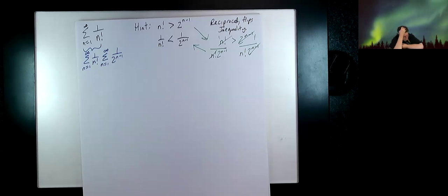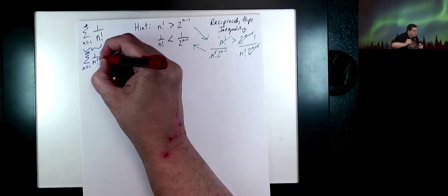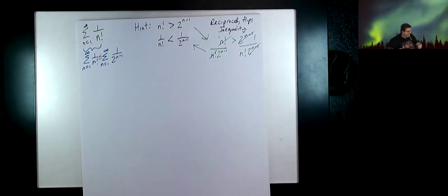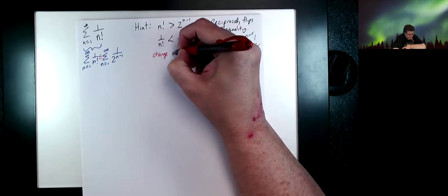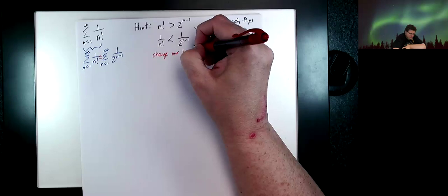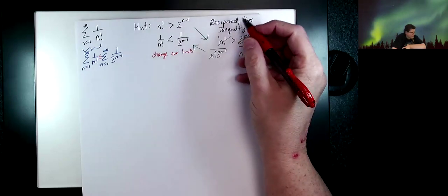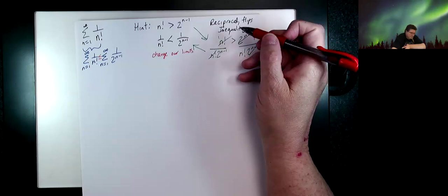It kind of looks geometric, but it's not in the right form of geometric. There's a couple ways of going about this. Wait, I didn't put the inequality sign in there. It looks stupid without it. We can either change our limits, or do some manipulation.